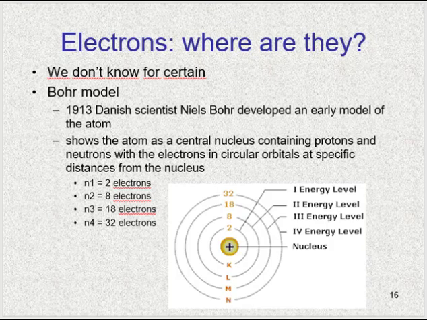Each energy level can house different numbers of electrons. In energy level 1, represented by N1, you may have 2 electrons. In energy level 2, or N2, you can have 8 electrons. In 3, 18 electrons. In 4, 32 electrons, and so on.